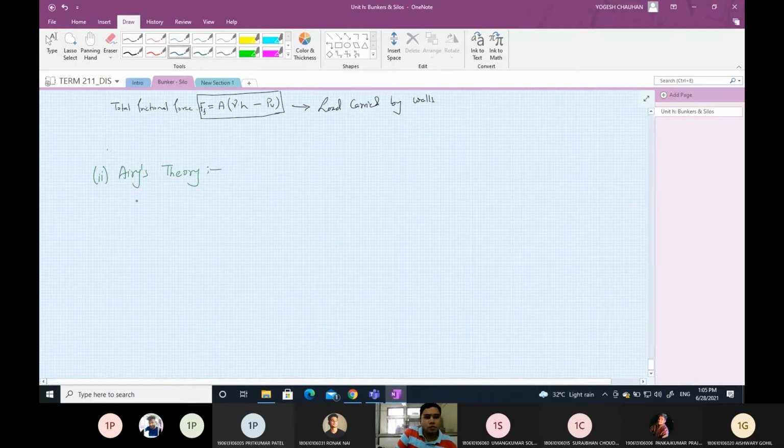This theory is based on Coulomb's wedge theory of earth pressure.